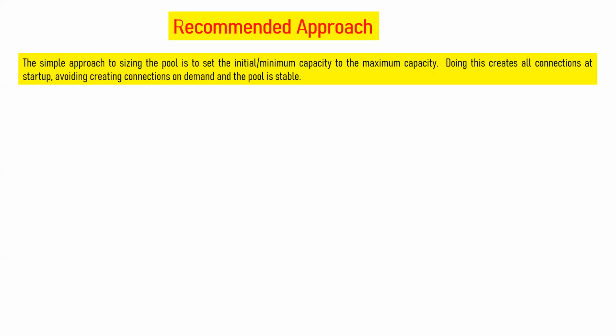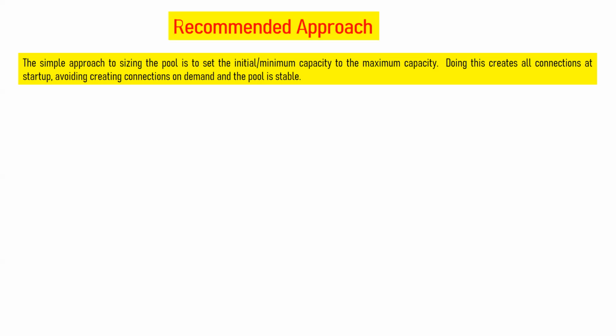And the reason is that, as I said, the initial connections are created when we start our server, right? Apart from that, if any more connections are needed, then it gets incremented and goes up to my maximum capacity, but those are created at runtime. That means if a connection is getting created at runtime, it will always go to your database, create the connection, and then hand it over to your connection pool.